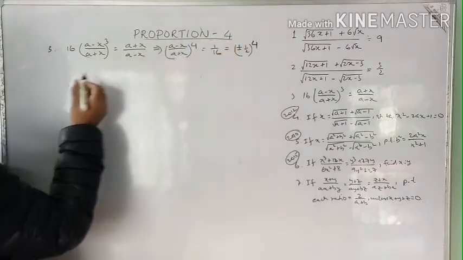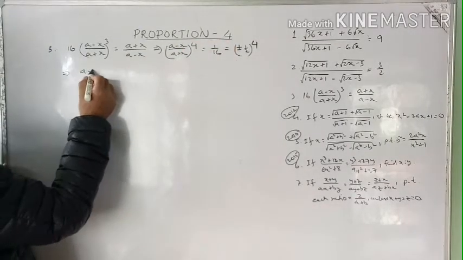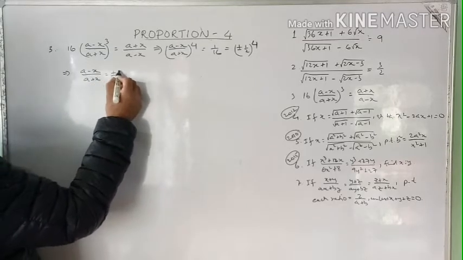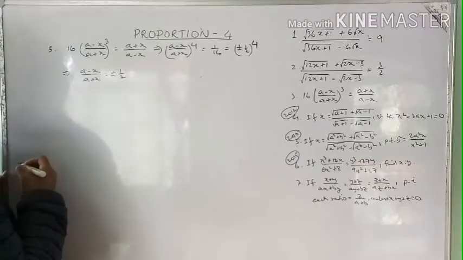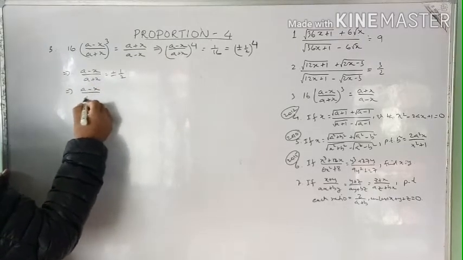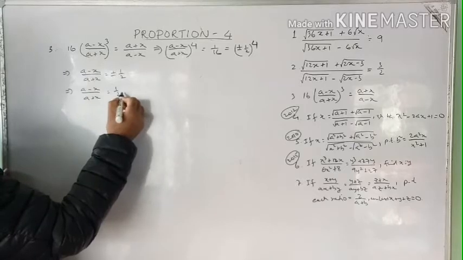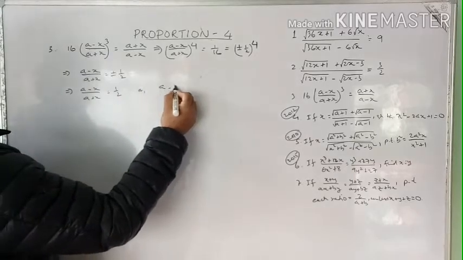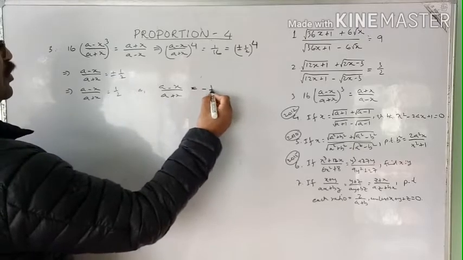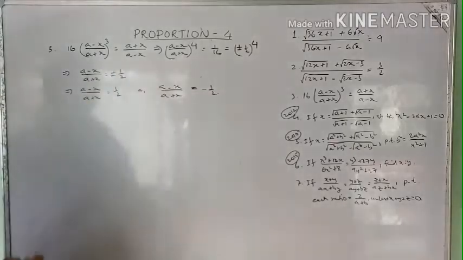So if you cancel the power, what you get is a minus x by a plus x equal to plus minus 1 by 2. So now we separate here. a minus x by a plus x equal to 1 by 2, or a minus x by a plus x equal to minus 1 by 2. We take plus and minus separately.